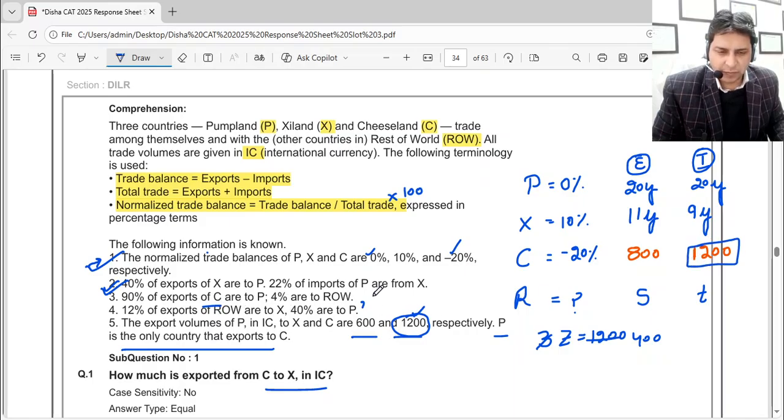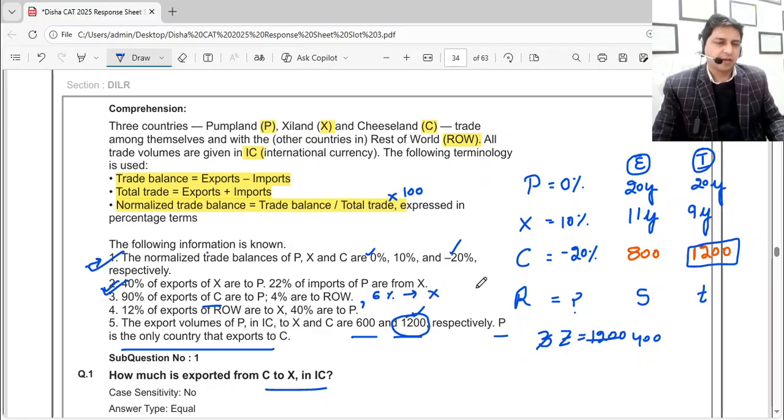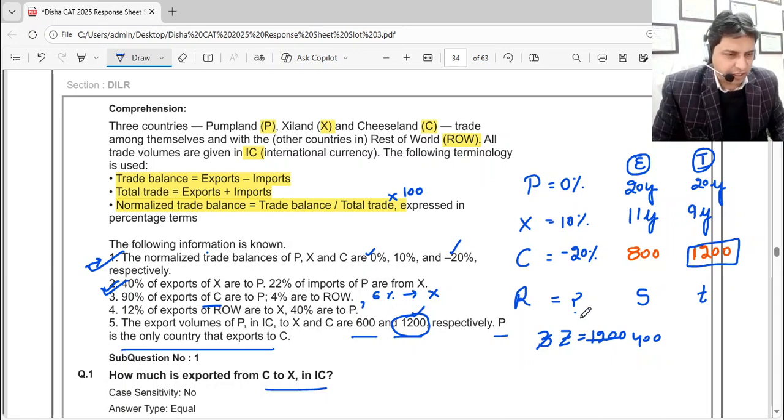Sorry, exports we are talking about, not this 1200.